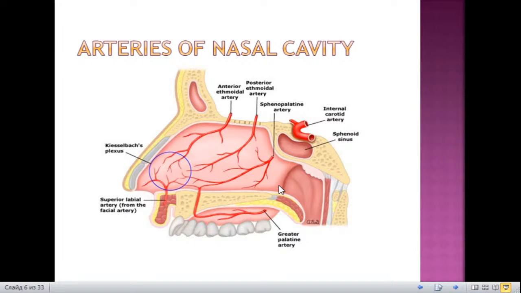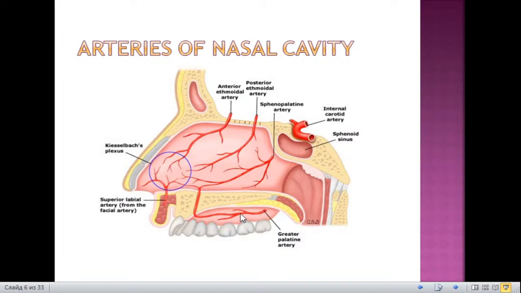After that, the nasal septum and the lower part, like the floor of the nasal cavity, gets blood from the nasopalatine artery.